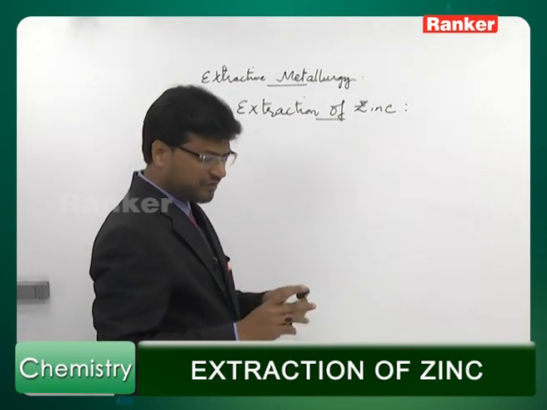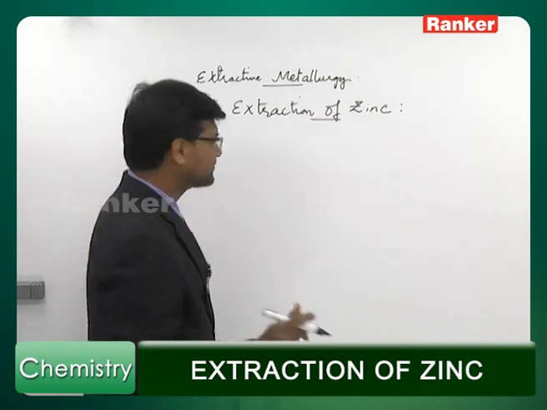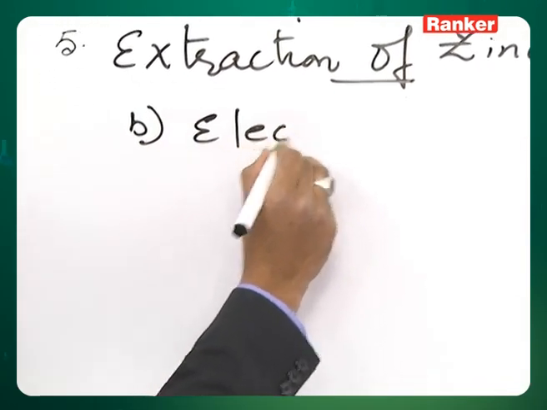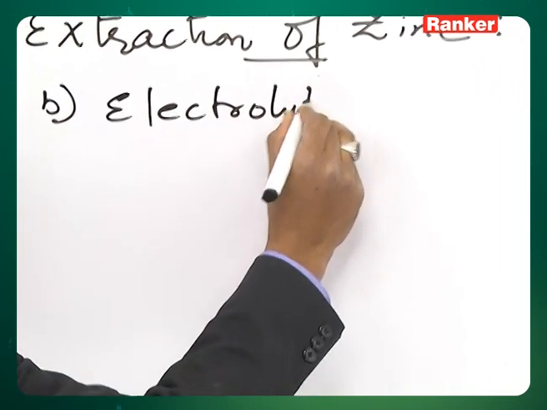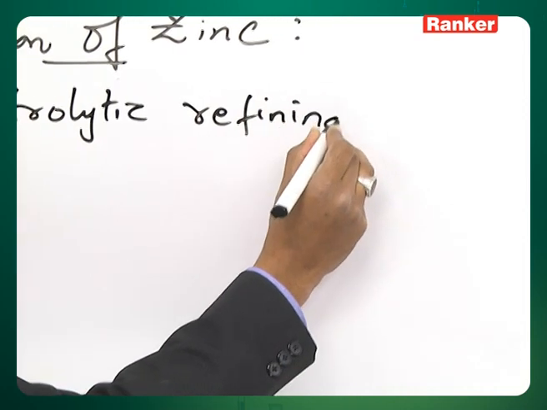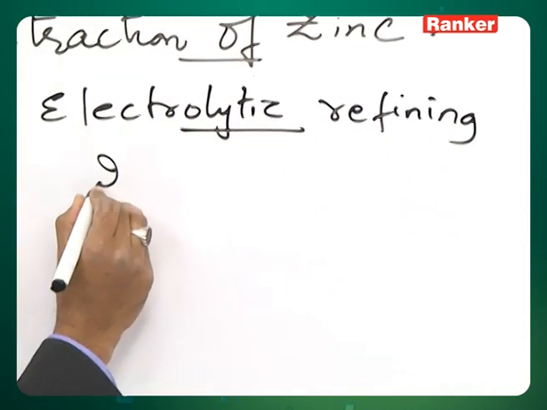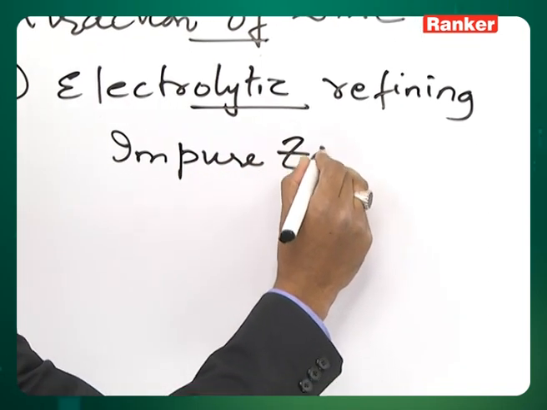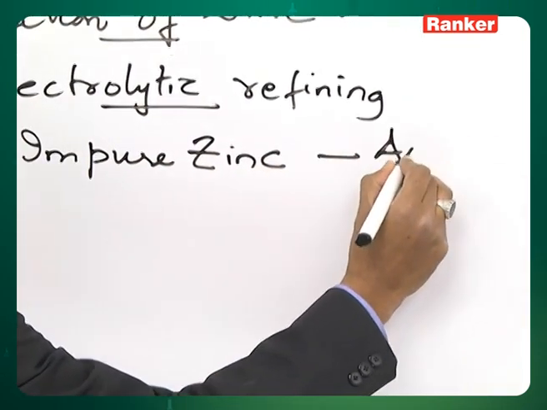Another technique available for the refining of zinc is electrolytic refining. Here we use impure zinc as anode.